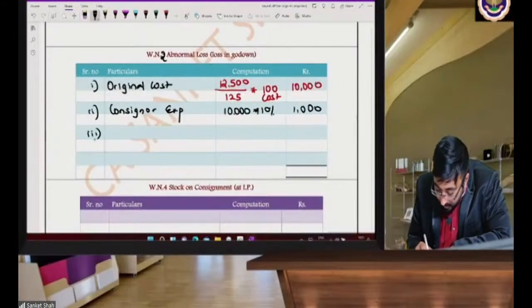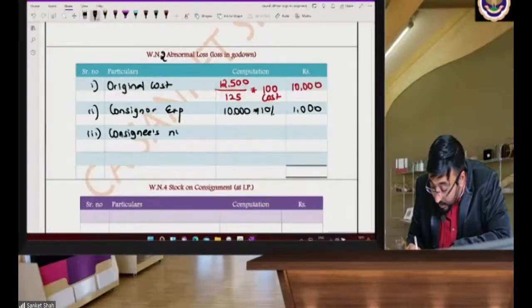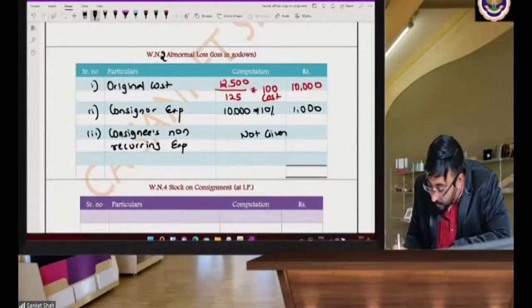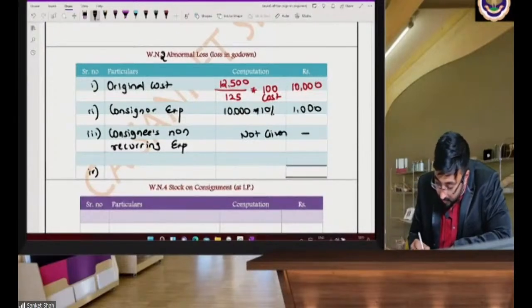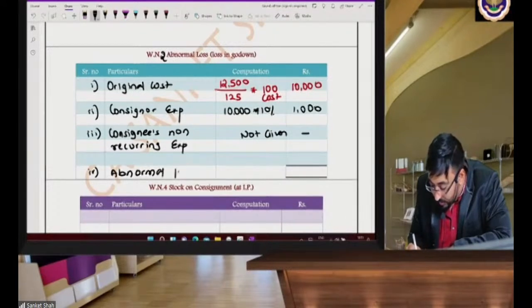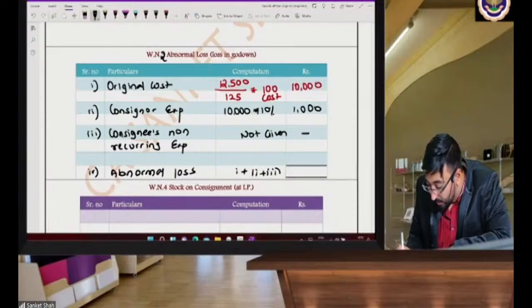Number 3, consignee's non-recurring expense, not given, dash. Abnormal loss: 1 plus 2 plus 3, 11,000.